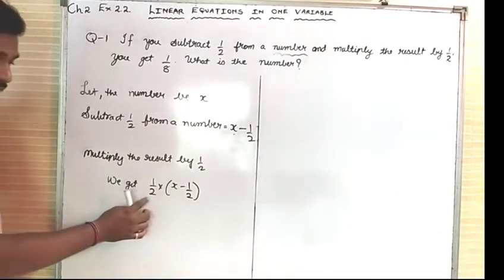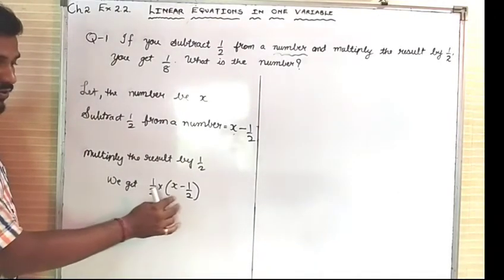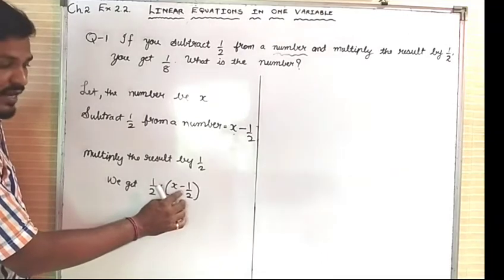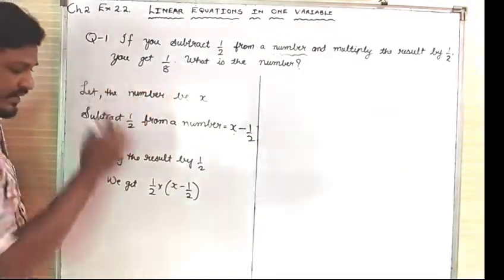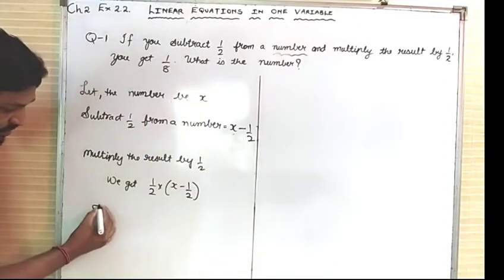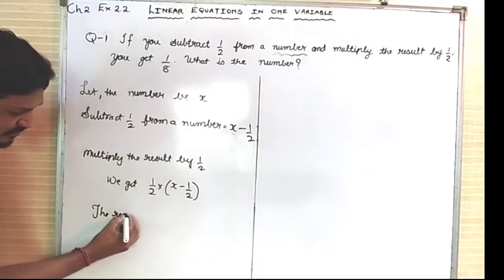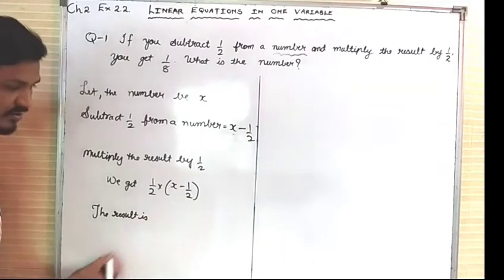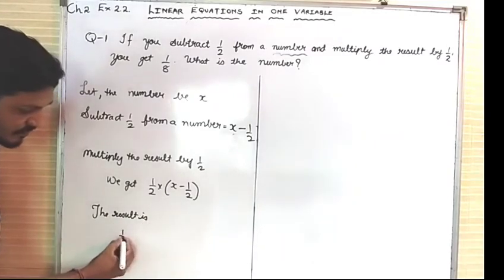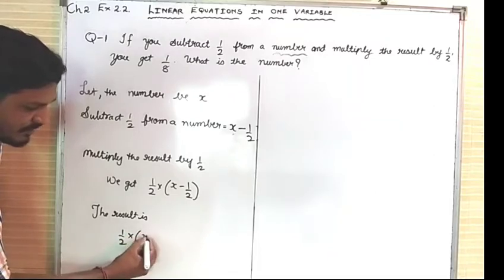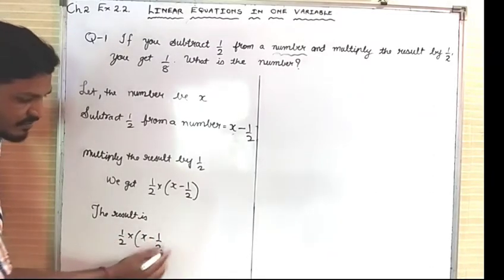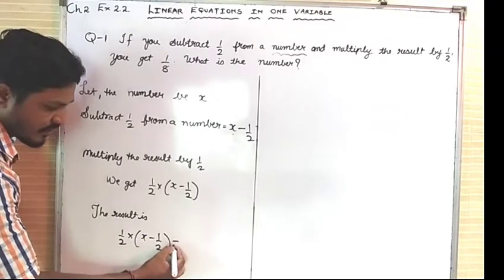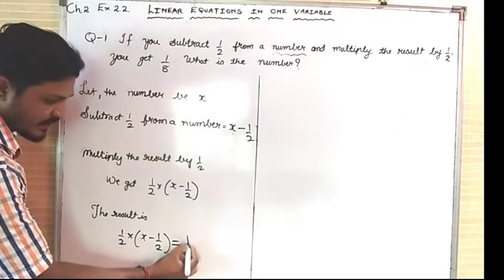So after multiplying half to x minus 1 by 2, you should get 1 by 8. So the result is 1 by 2 multiplied by x minus 1 by 2 equals 1 by 8.